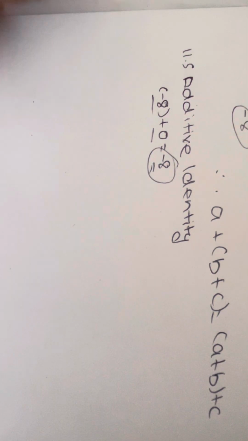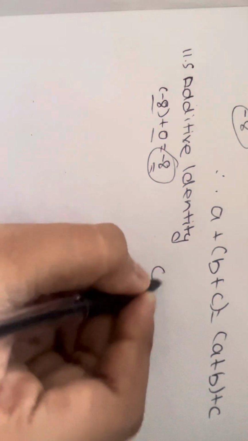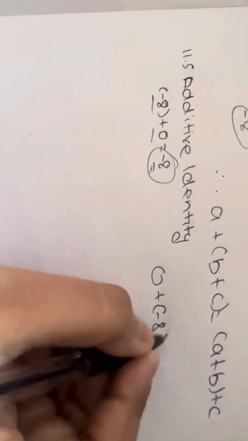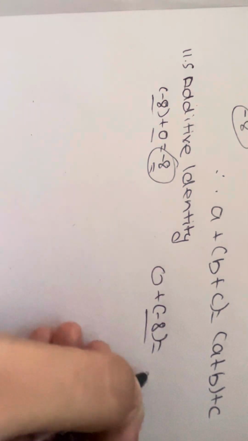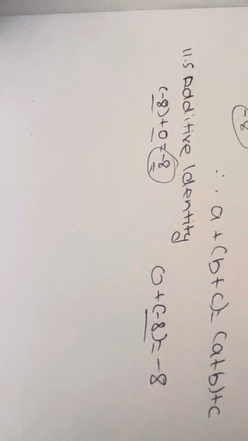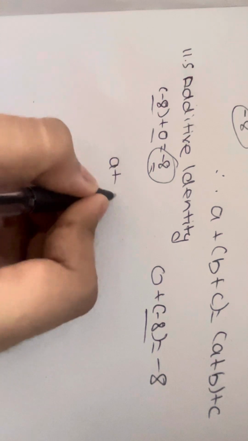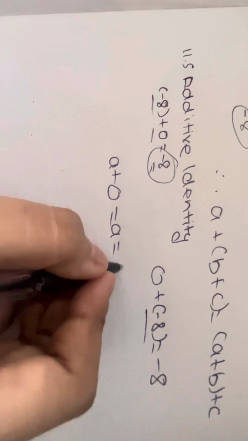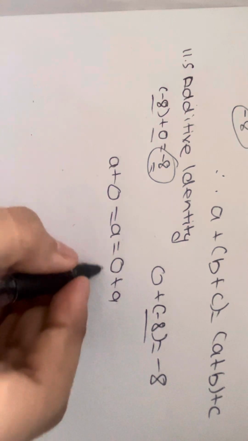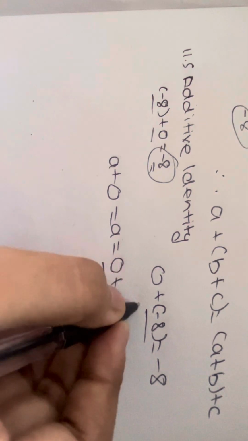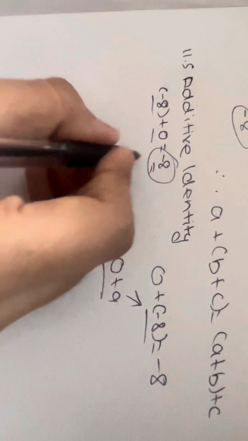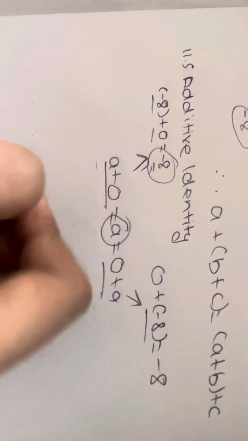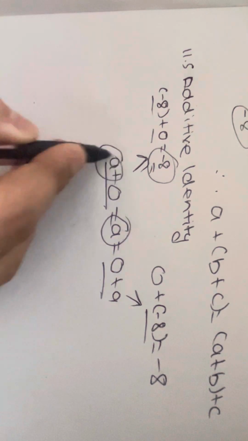Or I can say 0 plus minus 8, here also you got the same outcome. This shows that a plus 0 is equal to a, or you can also say 0 plus a. So you do it this way or that way, the outcome would be a only. That's the whole number.